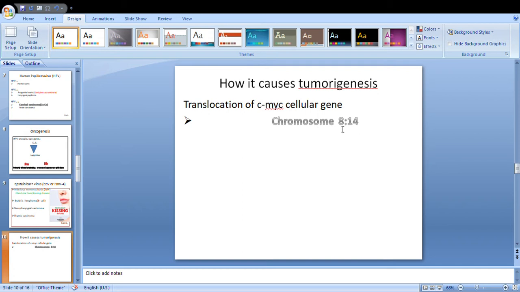So this is the way of oncogenesis in case of the Epstein-Barr virus.